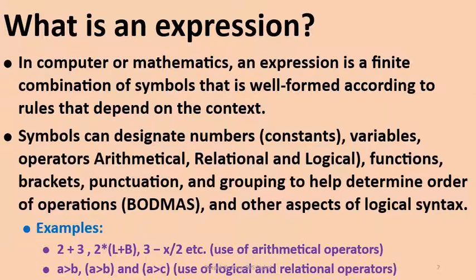Variables are again of two types, that is numeric variable and alphanumeric variable. So in total there are four different data types that are permissible in QBasic. Then functions, which are a little bit higher concept which we will not discuss.